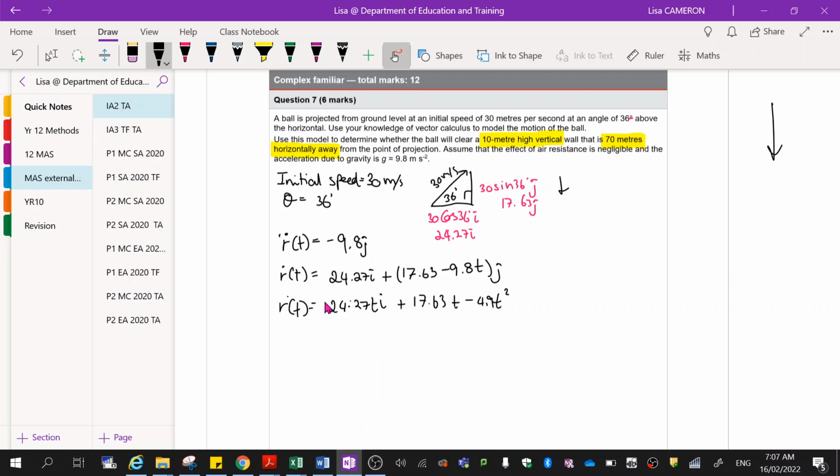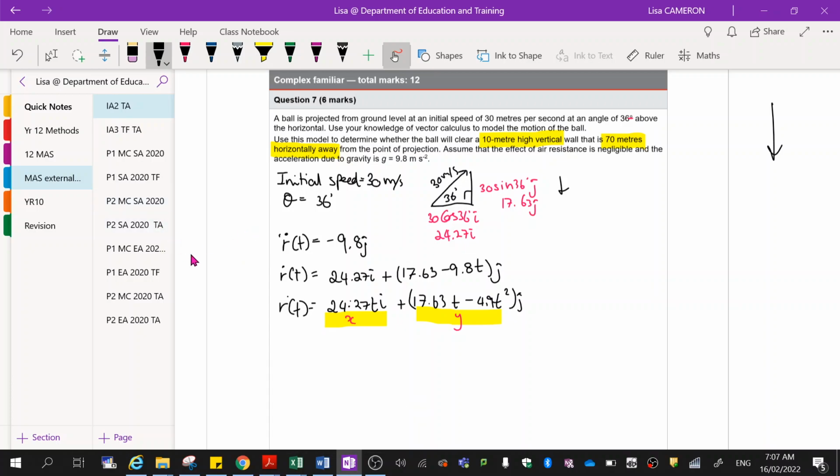Now I have my x component, which is this one, and my y component. I did forget my bracket there and my j.